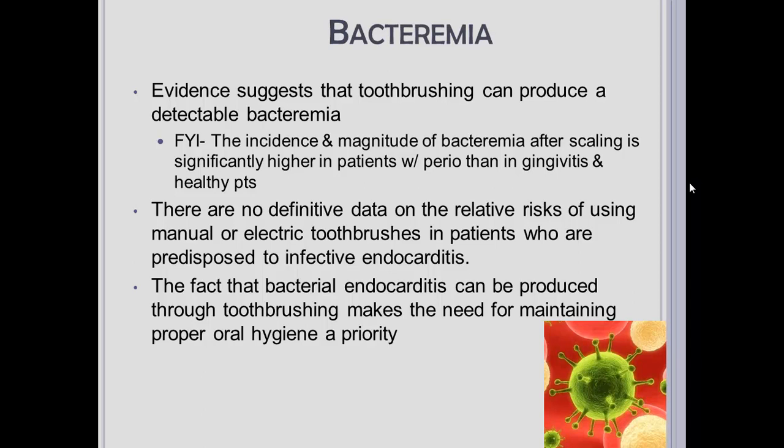So it's probably just best to make sure that they check in with their cardiologist. If they are at risk, make sure that it's okay. But the fact that bacterial endocarditis can be produced through toothbrushing makes the need for maintaining proper oral hygiene a priority. So definitely if someone is at risk, the better oral hygiene, the better.